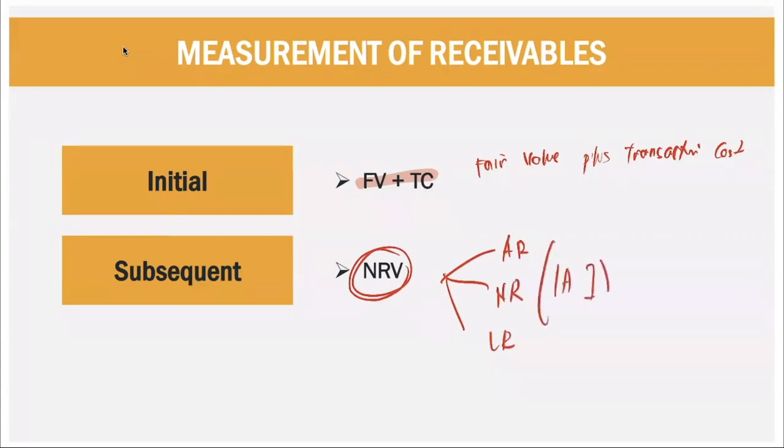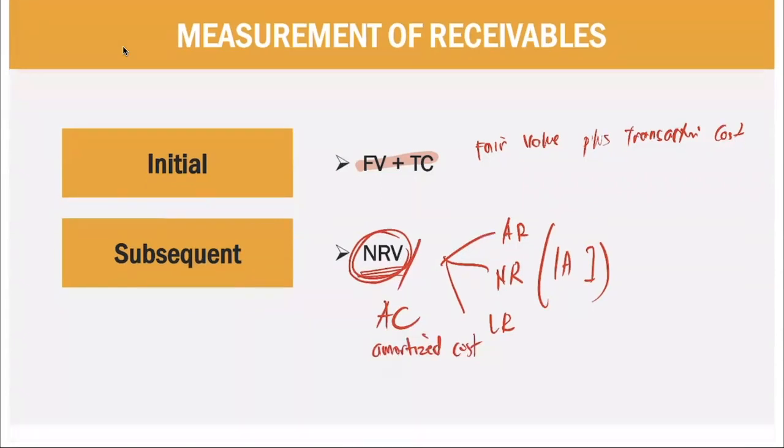But you will learn this one in IA1. But generally, it is your net realizable value or your amortized cost. Okay. So measurement of receivables, fair value plus transaction cost. Subsequently, net realizable value or amortized cost.